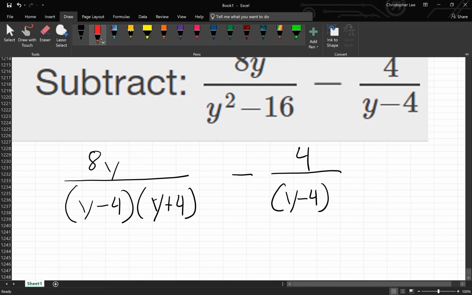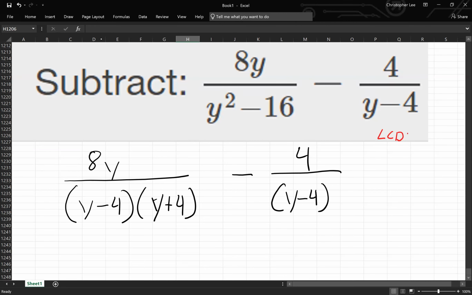LCD. This is what? Y minus 4 times y plus 4. That's my LCD, right? So all I need to do is multiply this second one by y plus 4. And that's it. They have the same denominator. What I do to the bottom, I gotta do to the top. Y plus 4.